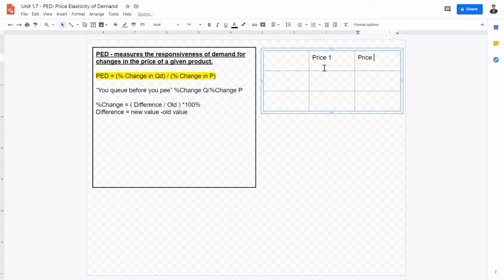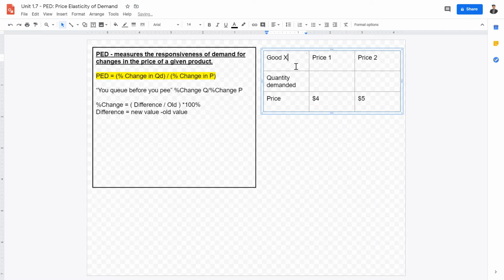How about that? That seems like a good idea. So let's say we have price 1 and price 2, so there's a change in price. Let's say the original price is $4, and the new price is $5. So there's an increase of $1. And this is the quantity demanded.